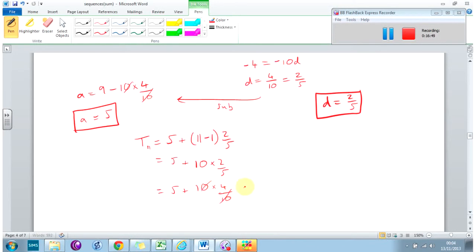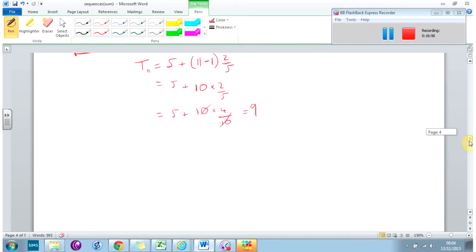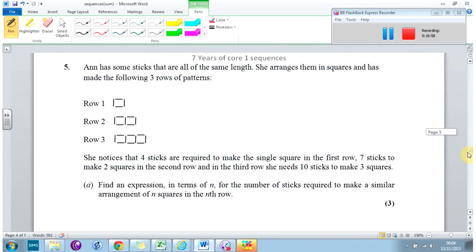They cancel, gives me 9, and of course if I was in an exam I would substitute and check into the other formula, but I'm not going to because it's late.